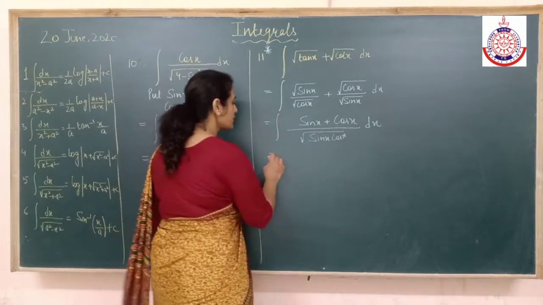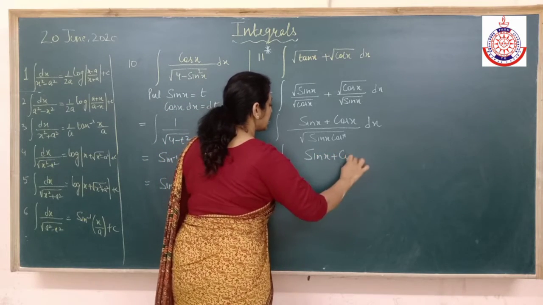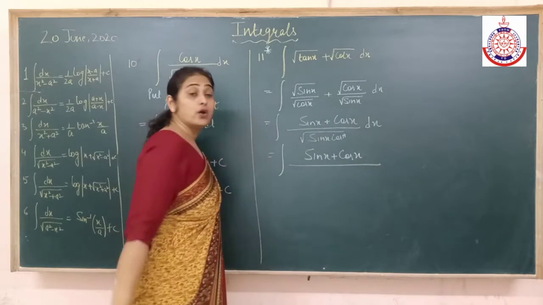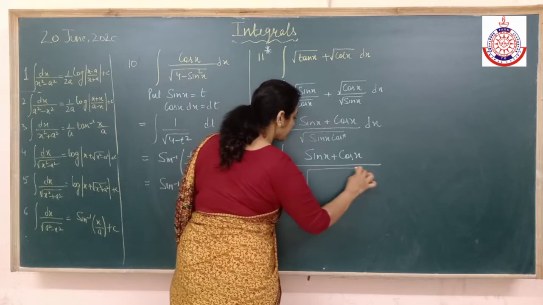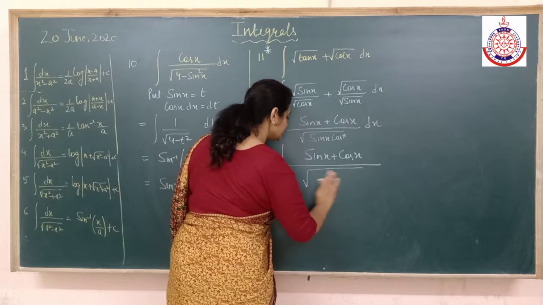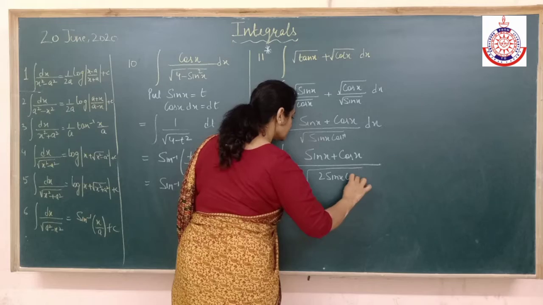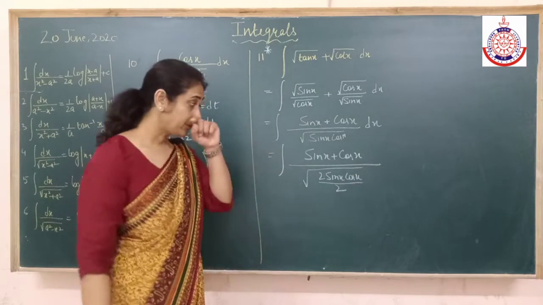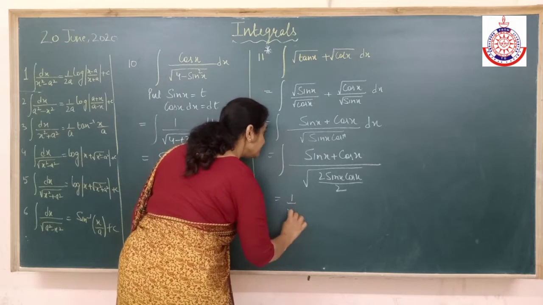Alright. So what am I doing? My target is to make sin x minus cos x here. Alright. So what am I doing? Multiply by 2 and divide by 2. Can we do that? No problem. Take this 2 out. 1 under root this I don't need.